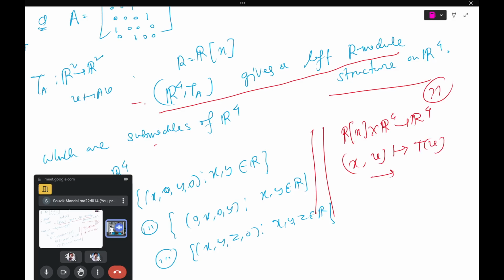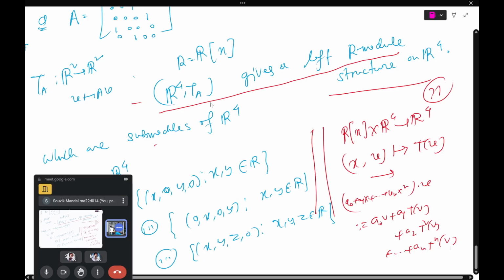And since we are giving it a module structure, a polynomial a0 + a1 x + ... + an x^n acting on v is defined as a0 v + a1 T v + a2 T^2 v + ... + an T^n v. This is the R[x]-module structure on R^4 induced by the linear map T_A.